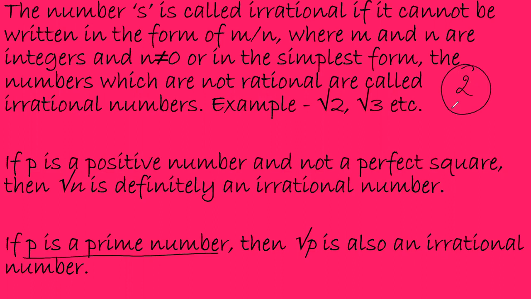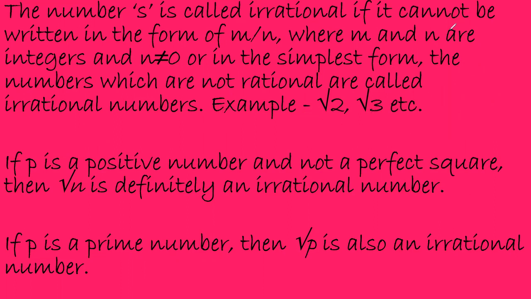If 2 is prime, then 2 is not irrational because 2 can be written in the form of 2 by 1, which is in the form of p by q. 2 is a rational number, but if you say under root 2, that is an irrational number. So under the root, you need to have a prime value. That is an irrational number, like root 3, root 5, root 7, root 11, root 19, root 17, root 23, root 29. So these all are irrational numbers.